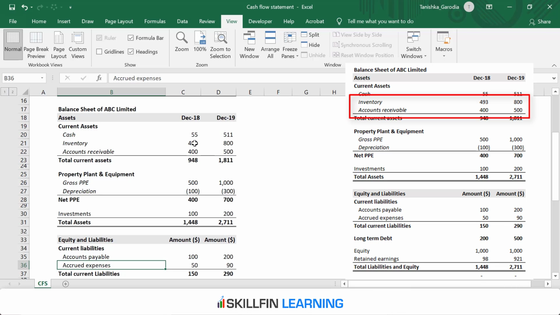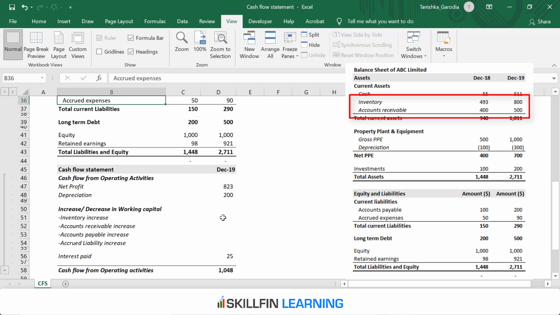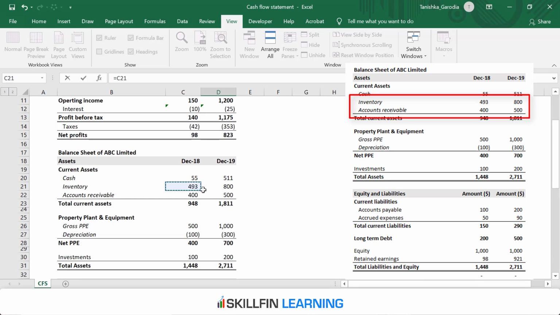So we see that the inventory of ABC Limited has increased from 493 to 800 and accounts receivable has increased from 400 to 500. So both these components will lead to a cash outflow for the business. So we will deduct the inventory increase. So inventory increase is basically 493 minus 800.